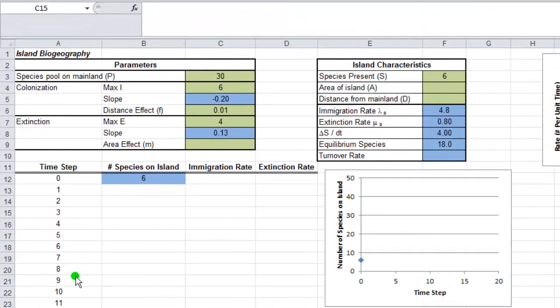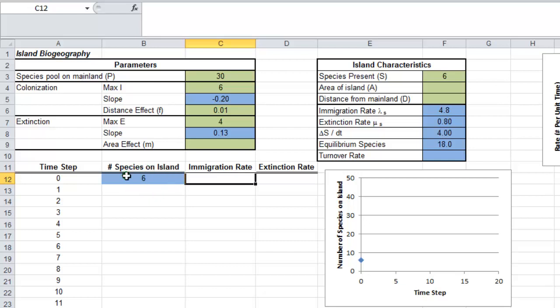So we set up a time series from 0 down to 20, down column A, and at time step 0 we're going to reference the number of species that are present on the island, and that's stored in cell F3. To do our time step, we need to calculate the immigration rate and the extinction rate that pertain to the time step itself.